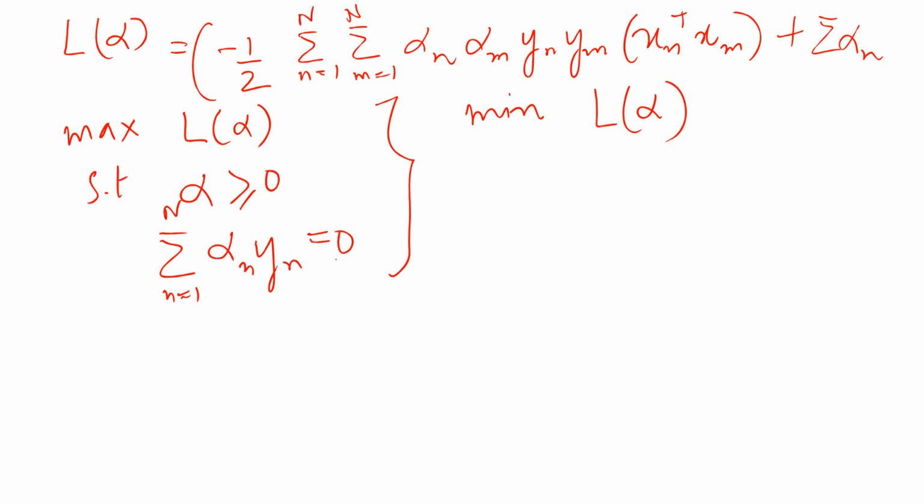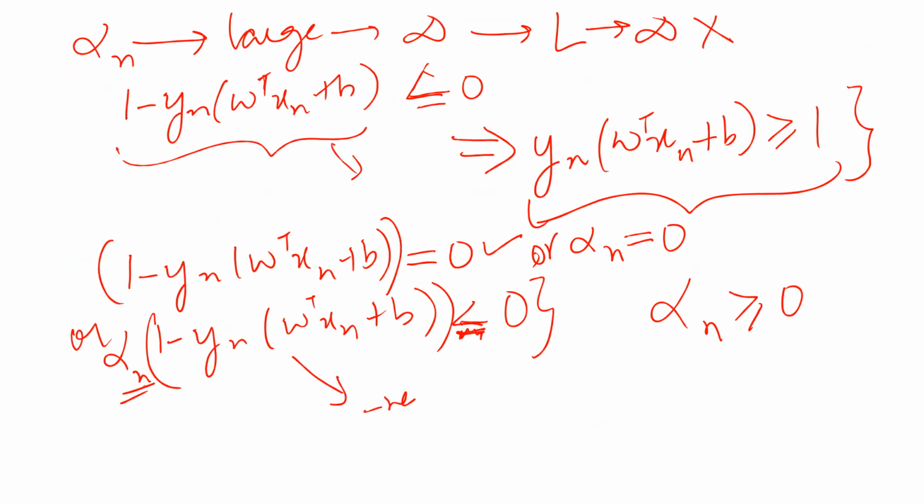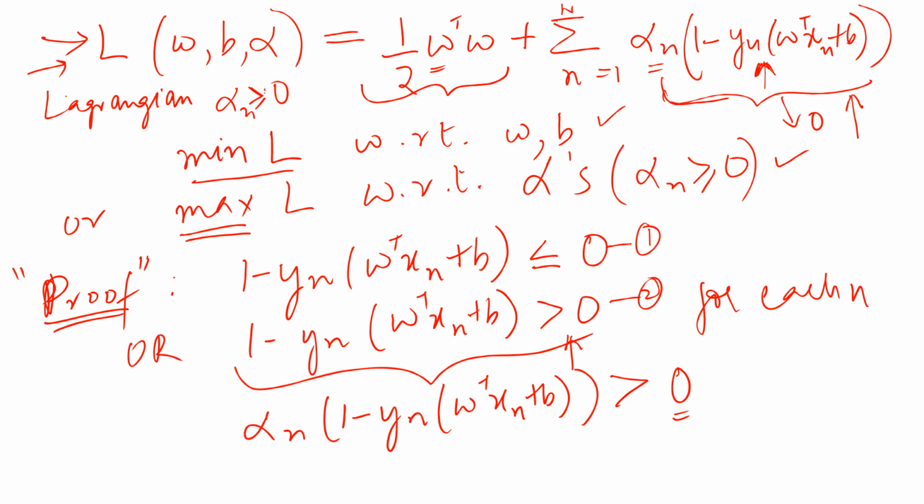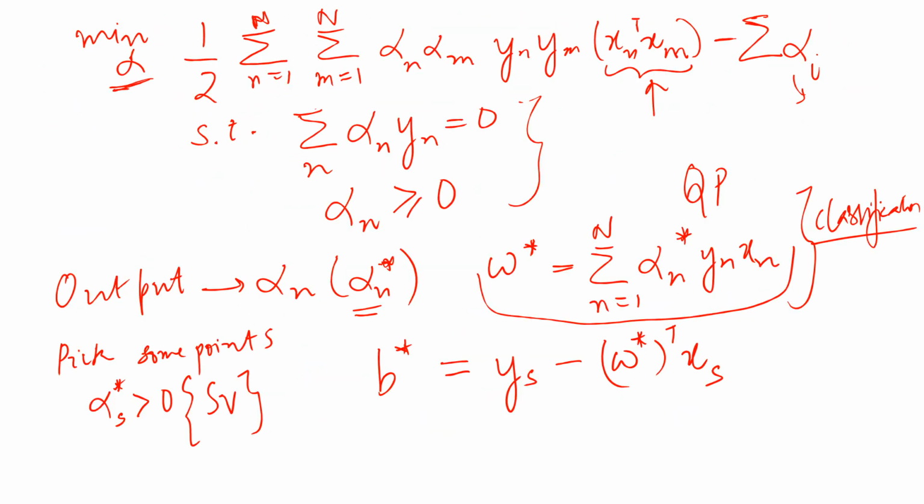And having said that, let's go back and check what our original dual was. So we had this dual problem. All right, so here it is. This is my original dual problem where I was trying to minimize over alpha this entire thing, over certain constraints: the sum of alpha n yn equals 0 and alpha n greater than or equal to 0.